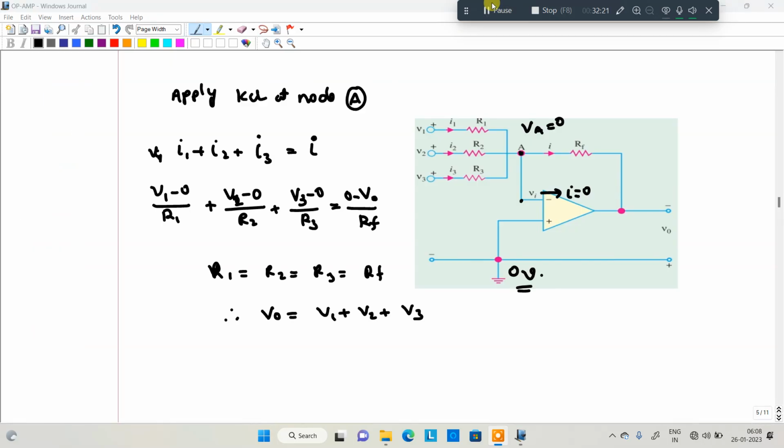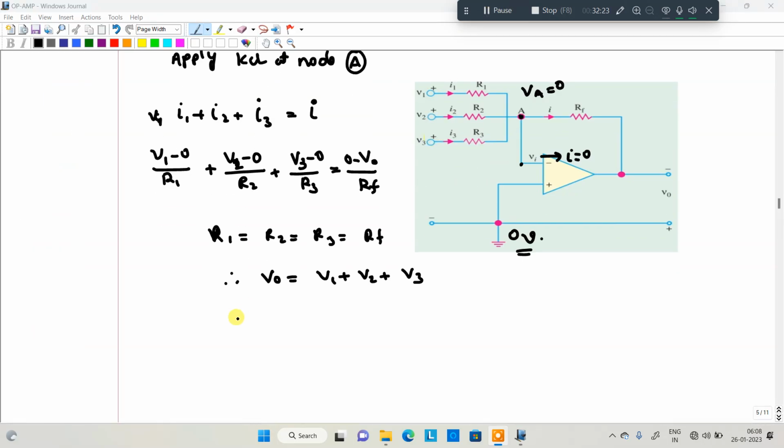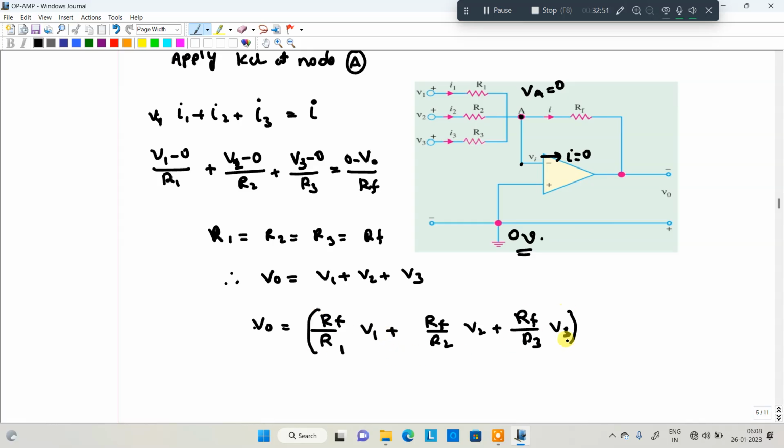Now, for example, if R1, R2, R3 are not equal to Rf, in that particular case, V0 is equal to Rf divided by R1 into V1 plus Rf divided by R2 into V2 plus Rf divided by R3 into V3. So this is a minus of.